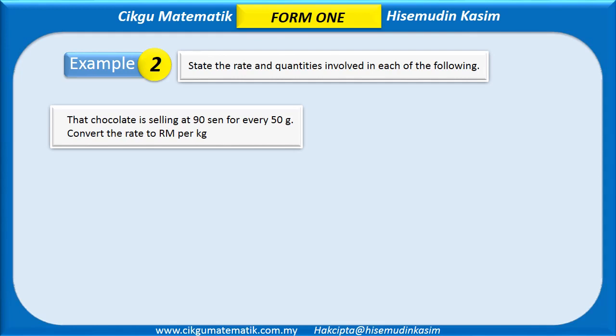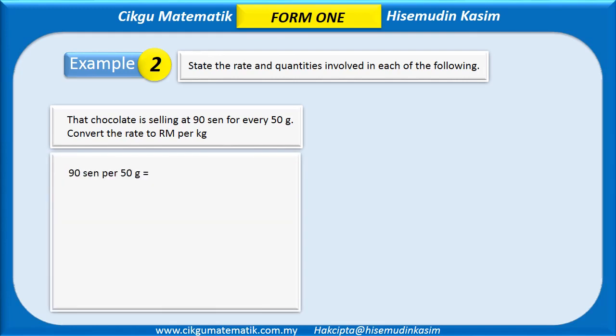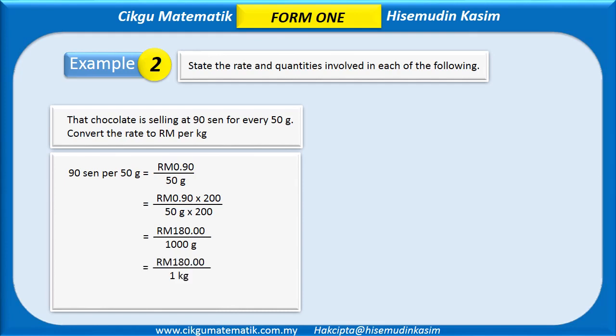Convert the rate to ringgit per kg. 90 cents per 50 g equals 0.9 ringgit per 50 g, equal to 0.9 ringgit times 200 over 50 g times 200, equal to 180 ringgit per 1000 g, equal to 180 ringgit per 1 kg, equal to 180 ringgit per kg.